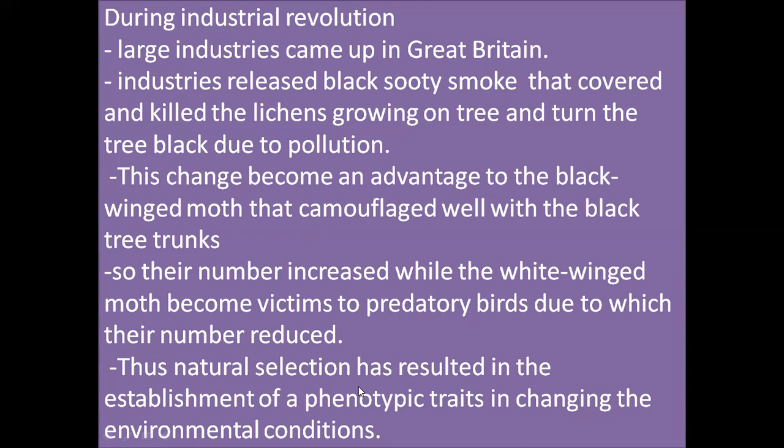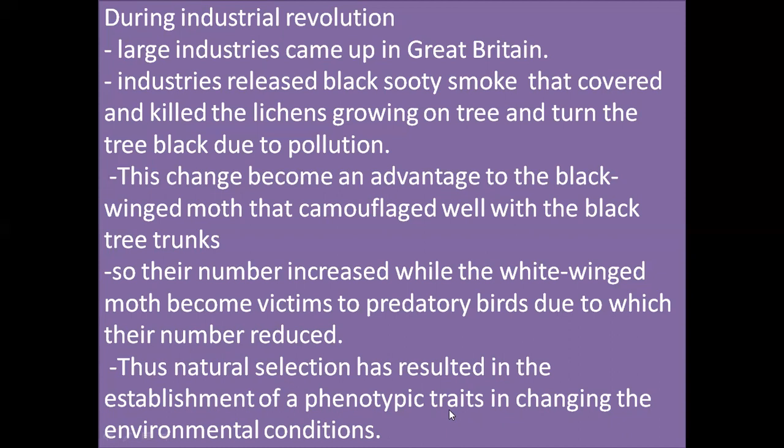Thus, natural selection has resulted in the establishment of phenotypic traits in changing environmental conditions. So this last point: natural selection has resulted in the establishment of a phenotypic trait.